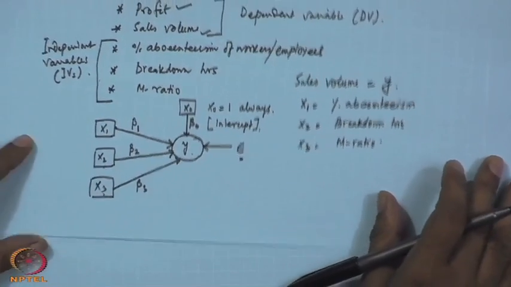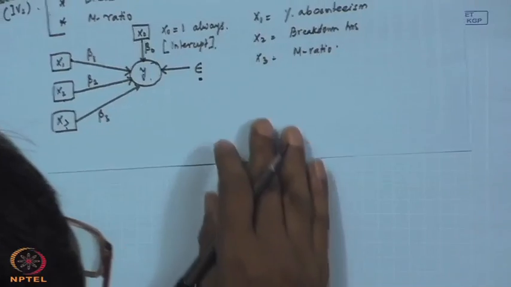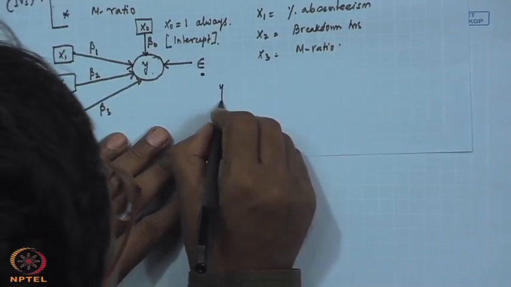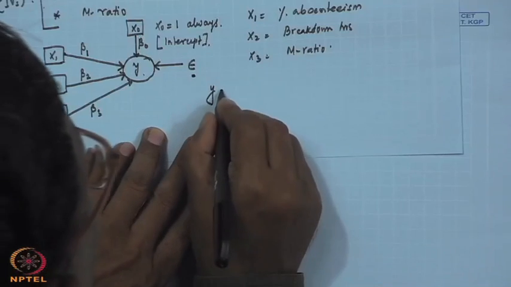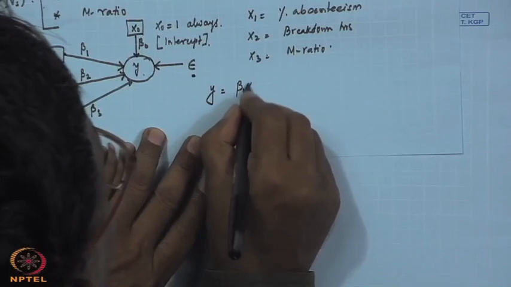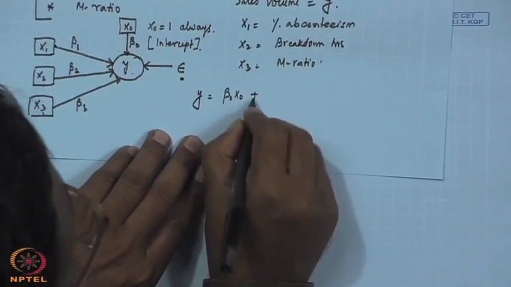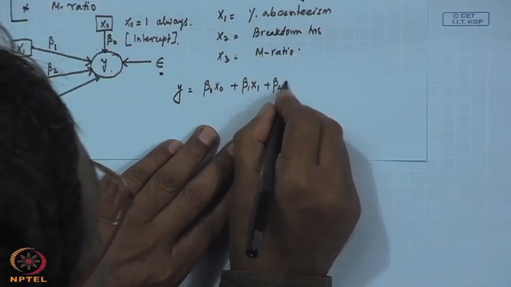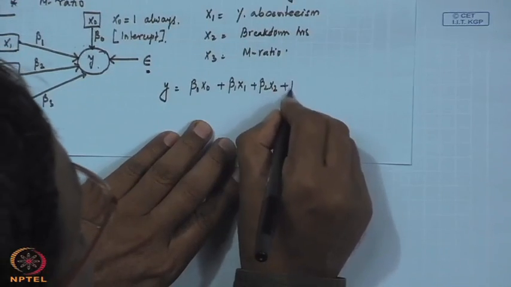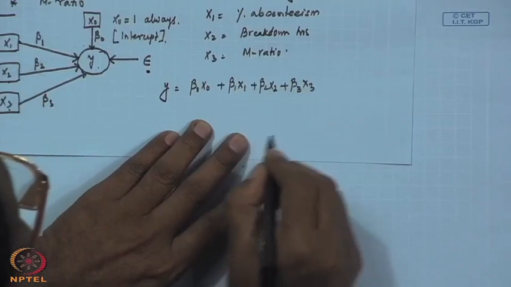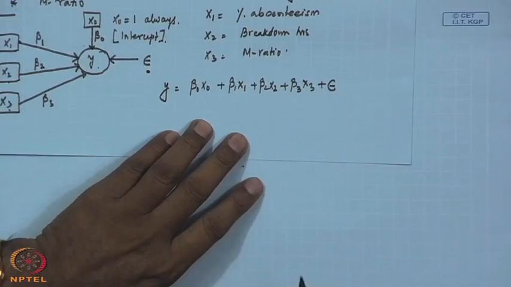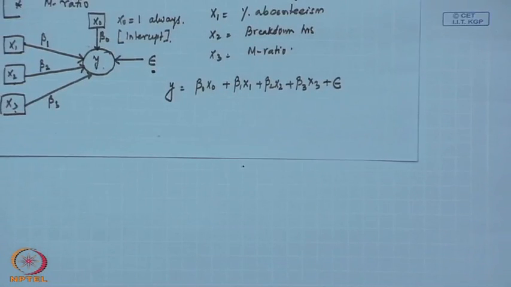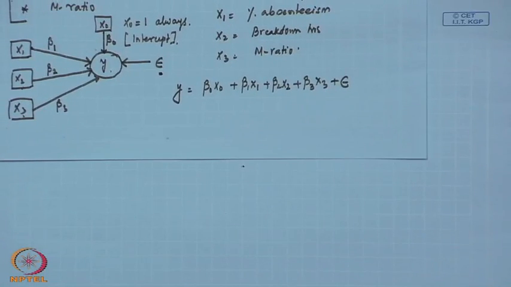So, if I want to put the entirety in terms of an equation, I can write like this: y equal to beta 0 x 0 plus beta 1 x 1 plus beta 2 x 2 plus beta 3 x 3 plus epsilon. You can very well write this one.